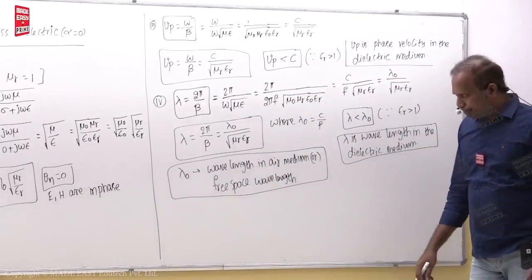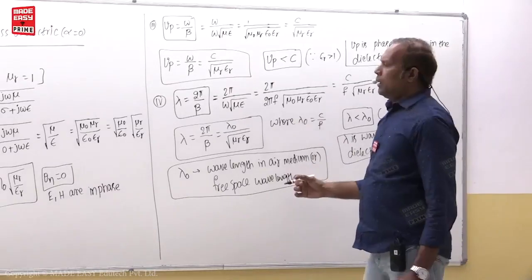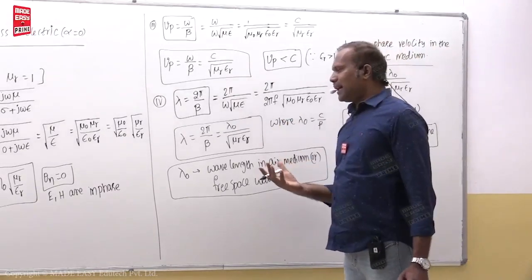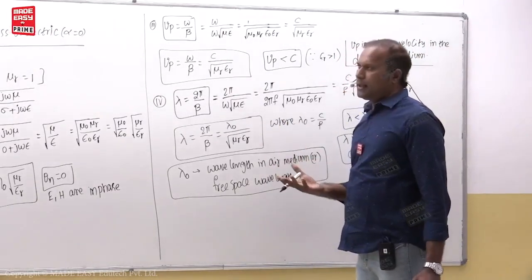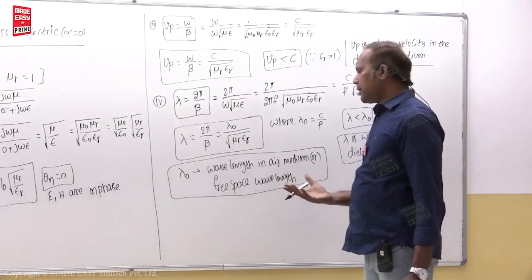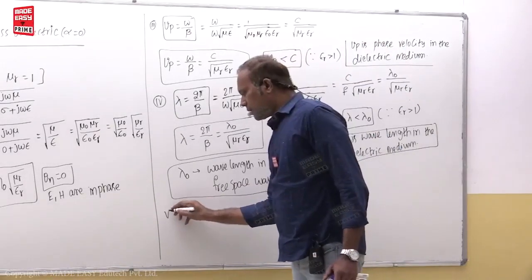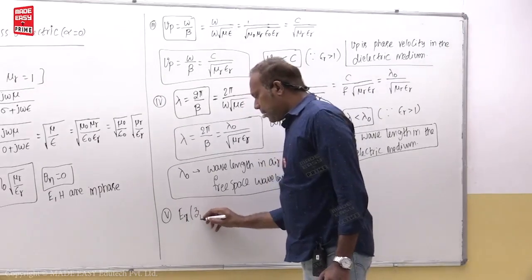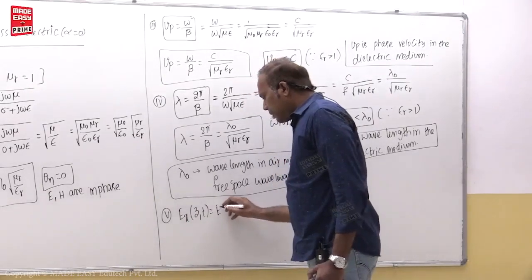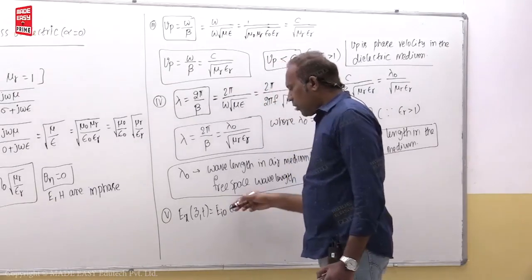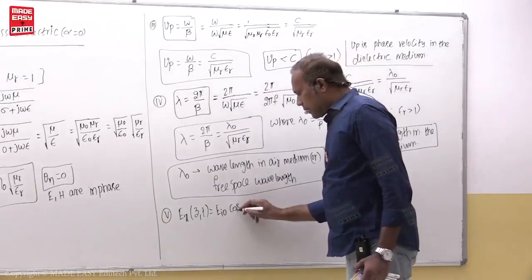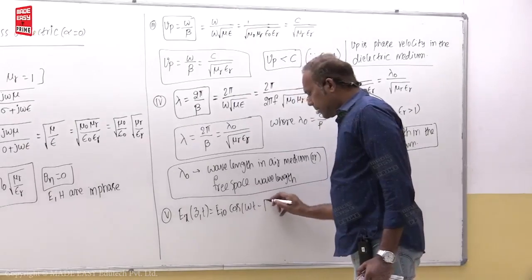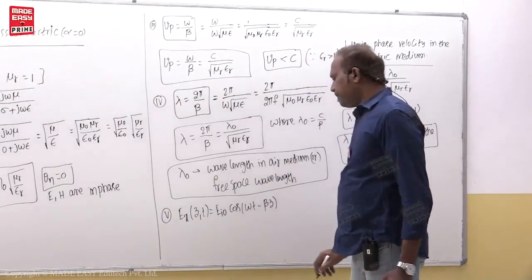So dear friends, now what is the electric field equation, what is the magnetic field equation, what is the power flow equation? There I am directly writing the electric field equation: E_i0 e^(-alpha z) cos(omega t minus beta z), alpha is 0.